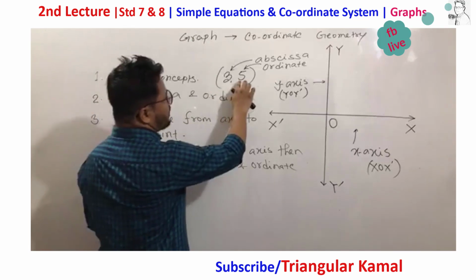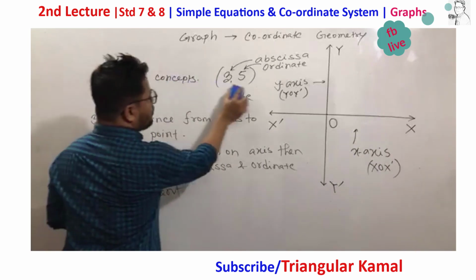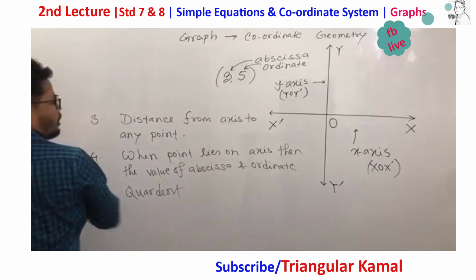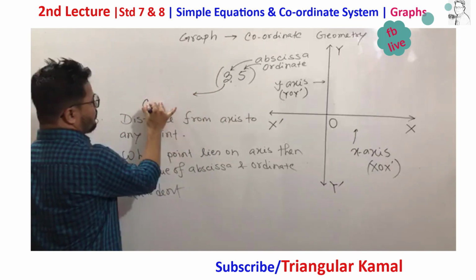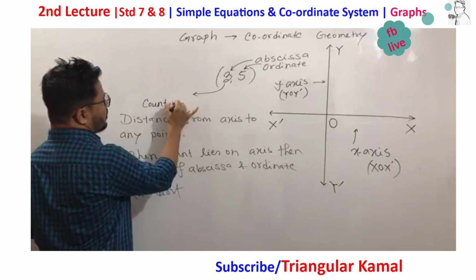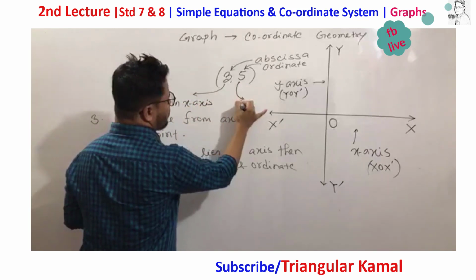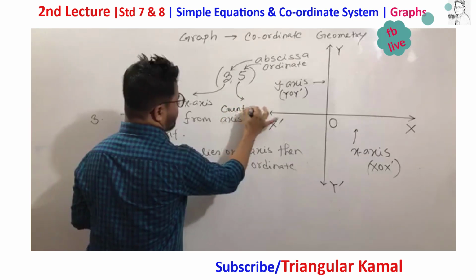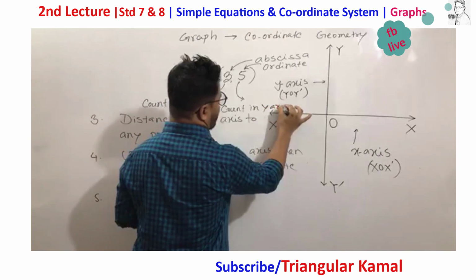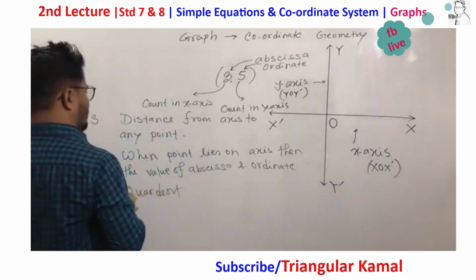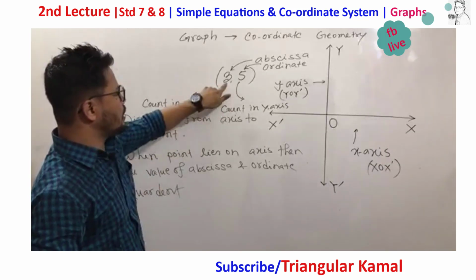Ordinate always counts on the y-axis, and abscissa counts on the x-axis.